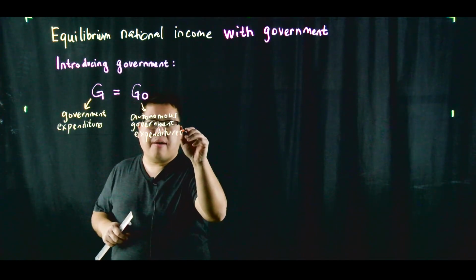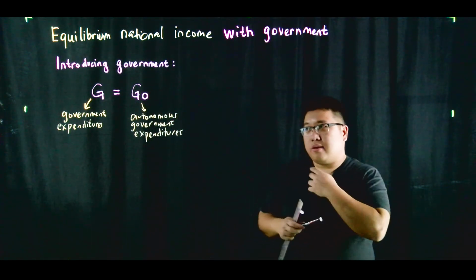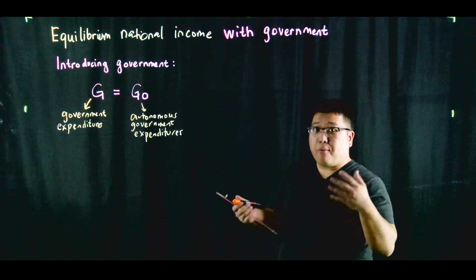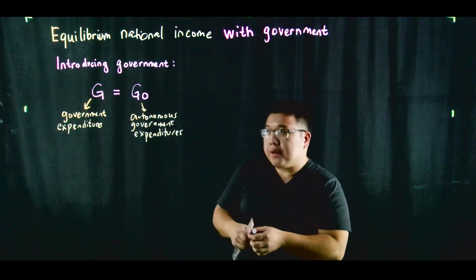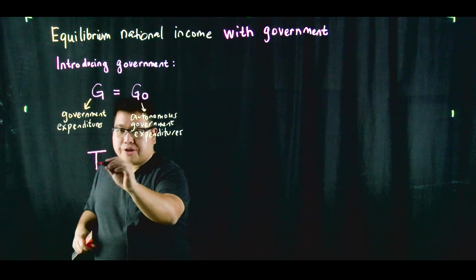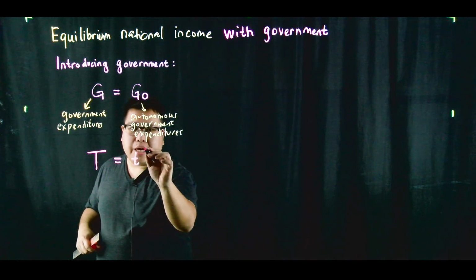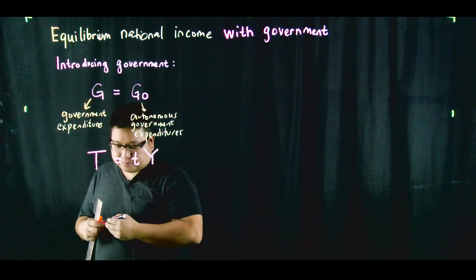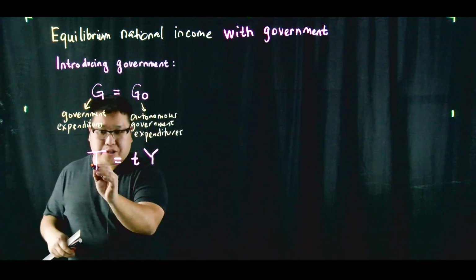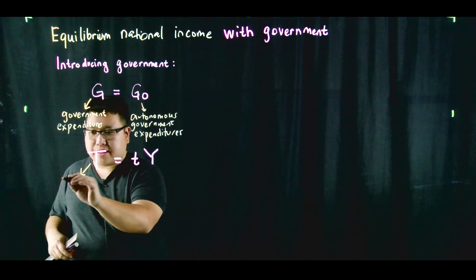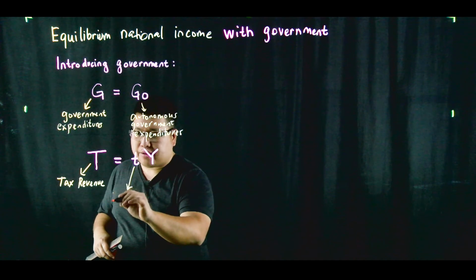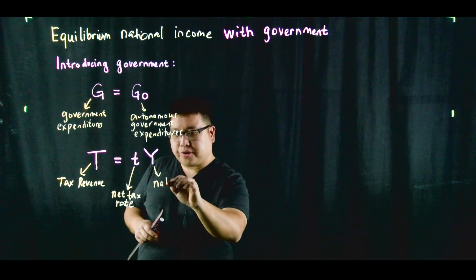Now, if government spends resources, the government needs a way to collect these resources. And how does government do that? By way of taxes. So we're going to assume that government collects taxes. We call this tax T, which is equal to small t times Y, where big T is the tax revenue, small t is the net tax rate, and Y is our national income.